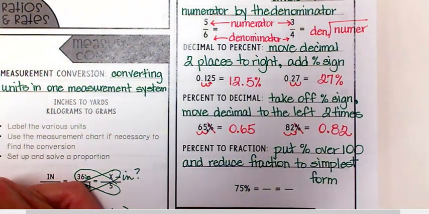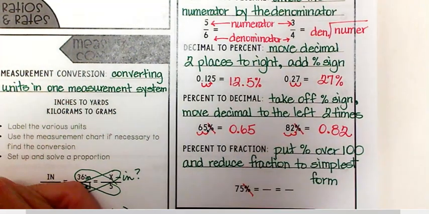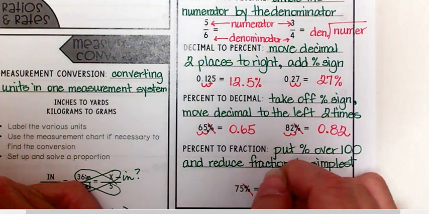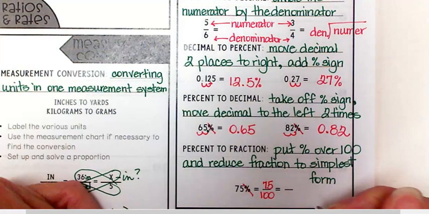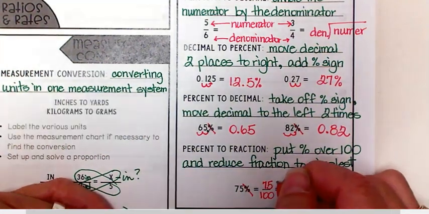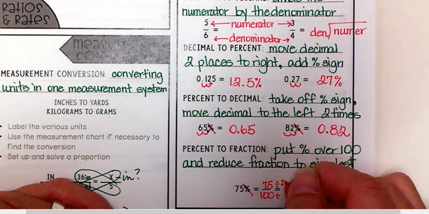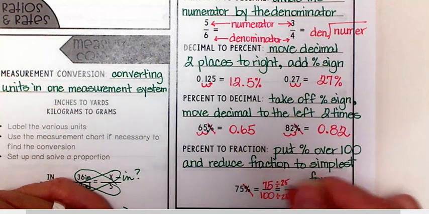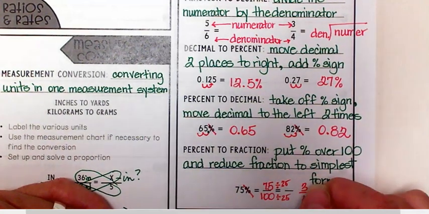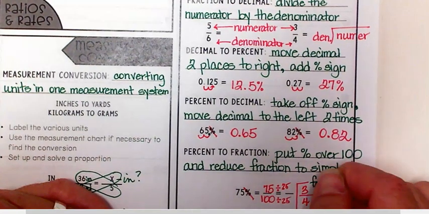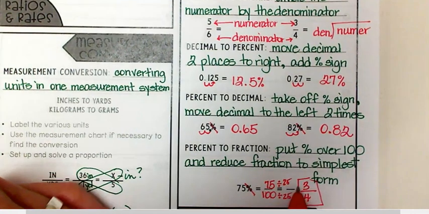So for instance here, 75%: the percent sign goes away, and then we're going to put 75 over 100. I know that 75 and 100 are both divisible by 25. 75 divided by 25 is 3, and 100 divided by 25 is 4. So you're just going to take the percent, put it over 100, and then reduce the fraction as much as you can.